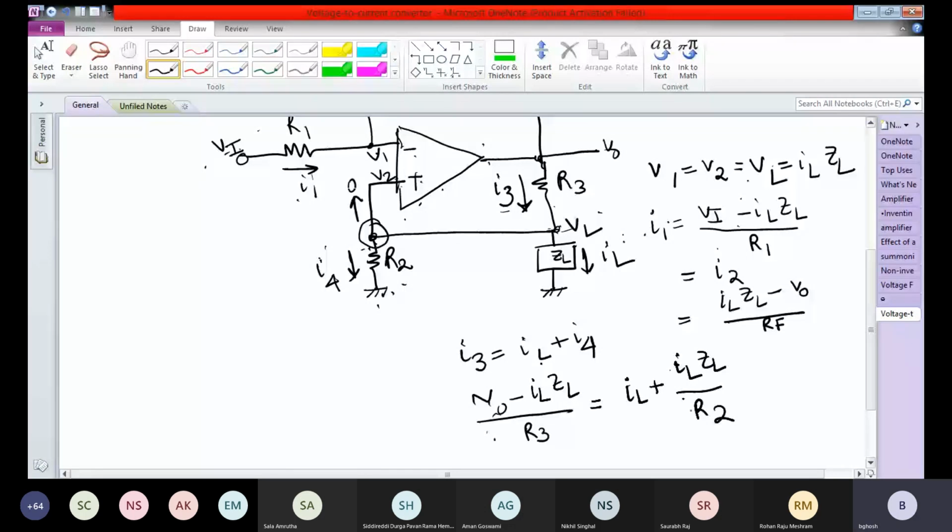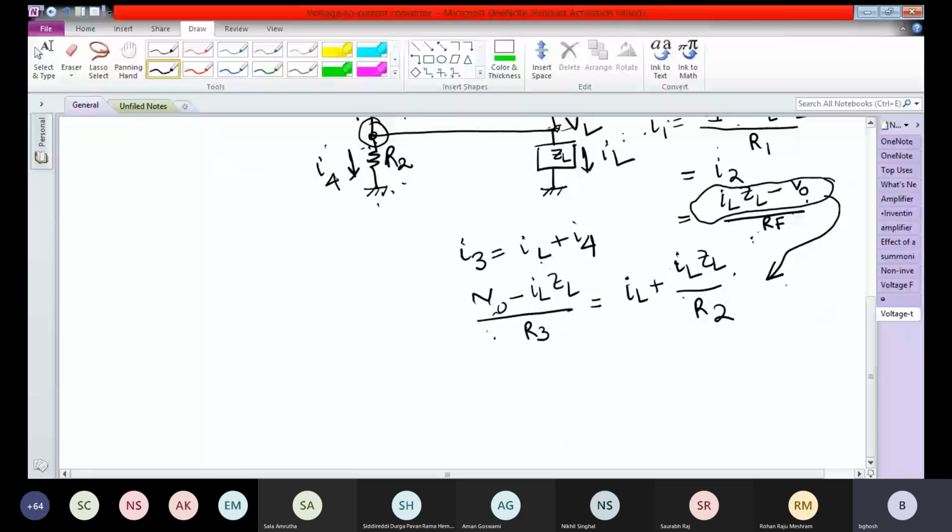So if you substitute for V0 minus ILZL from this equation, we will get RF by R1 times (ILZL minus VI).